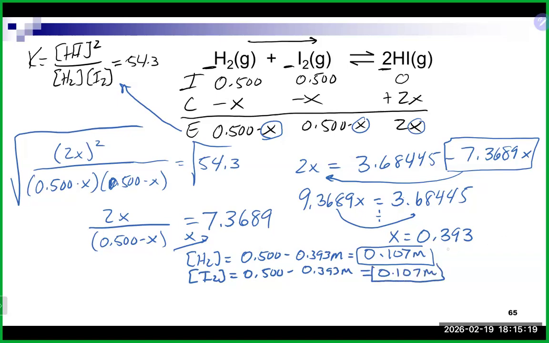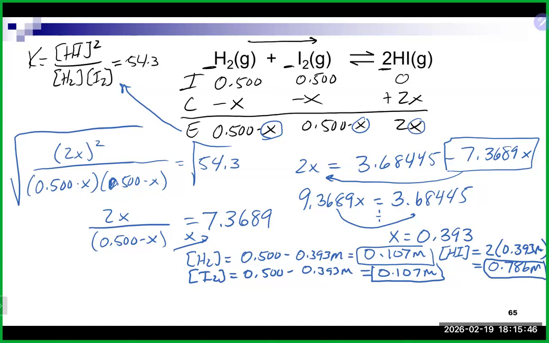And lastly here for our HI at equilibrium, that is 2 times x, or 2 times 0.393 molar. And that's going to get us 0.786 looks like. And those should be our equilibrium concentrations here.